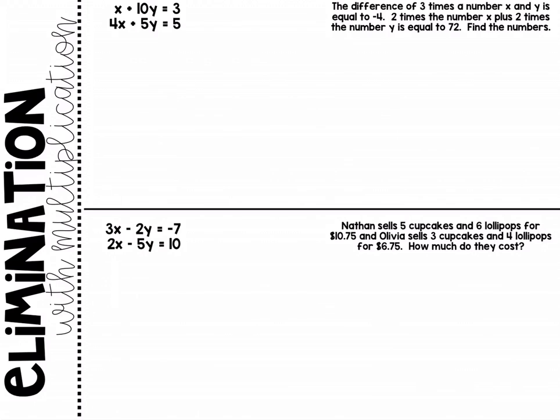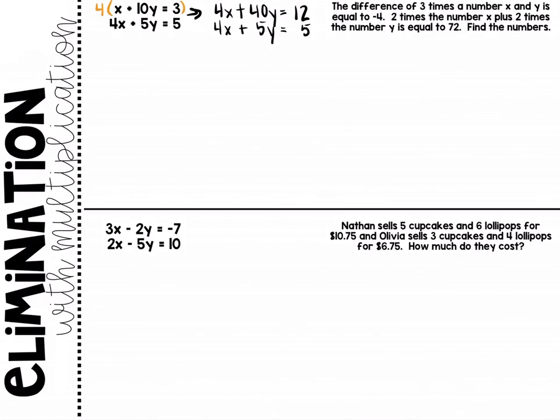So we're going to multiply this one by 4, okay? And when this happens, I have 4x plus 40y equals 12. That's the first equation. And then I have 4x plus 5y equals 5.